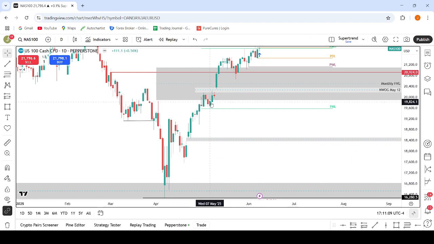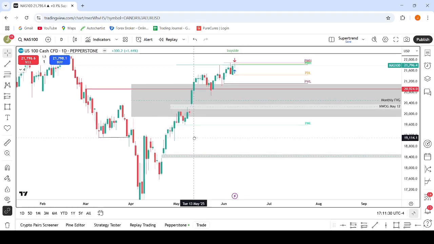Okay, but that was our change in state of delivery. We had this gap here, which obviously also lined up with this gap. It's been rebalanced by this drop down into it, so price can continue up higher, which we have done.